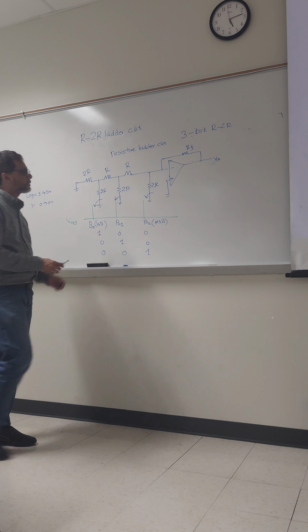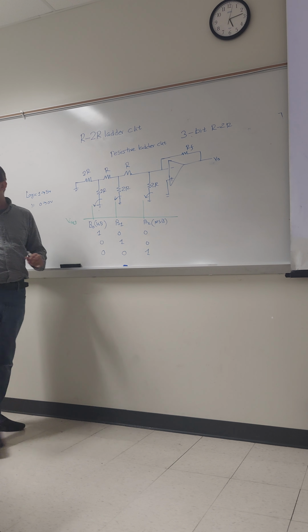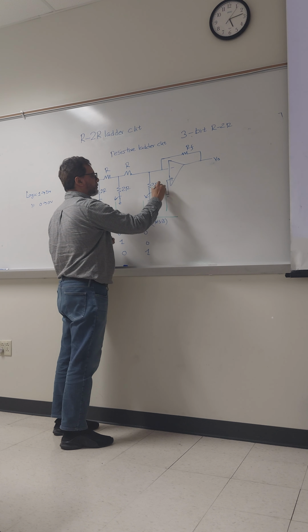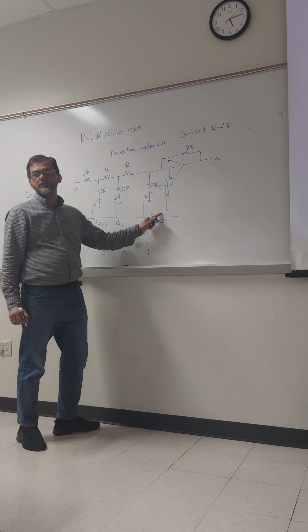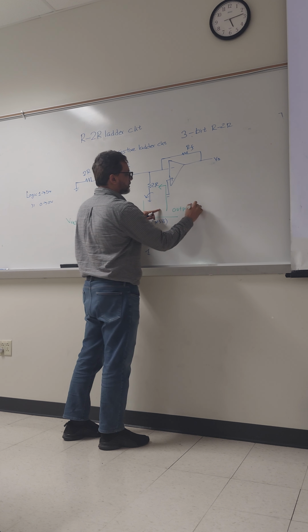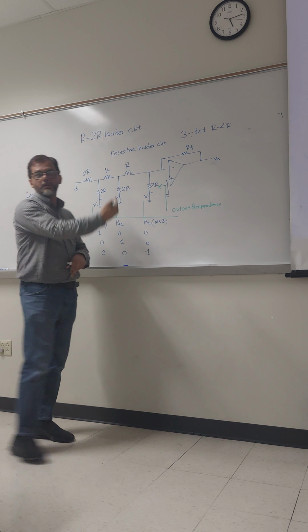We have to calculate the impedance here from here. So this is my input side. So we have to look from here. We have to calculate always the output impedance of the circuit, looking from here.